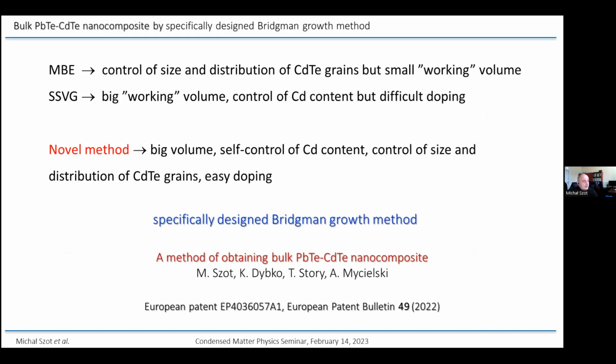We can obtain with this method big samples with well-controlled cadmium content, but there is a problem with doping in this case. So the question is: is there a method which allows us to control all parameters relevant for nanocomposites? Yes, this method was just patented and is described in detail in the European Patent Bulletin.